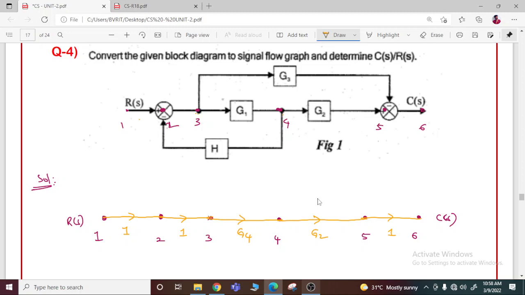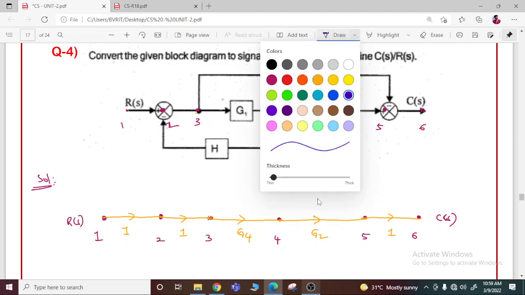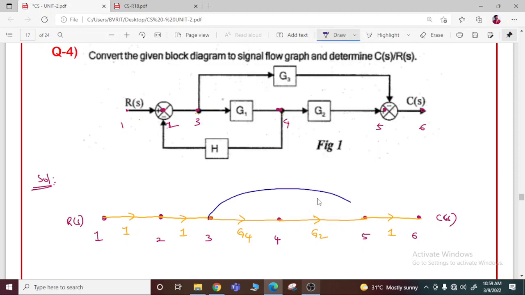And from 3 to 5 there is another gain G3. Between 4 to 2 there is a feedback H, with the sign minus, so I can write minus H.